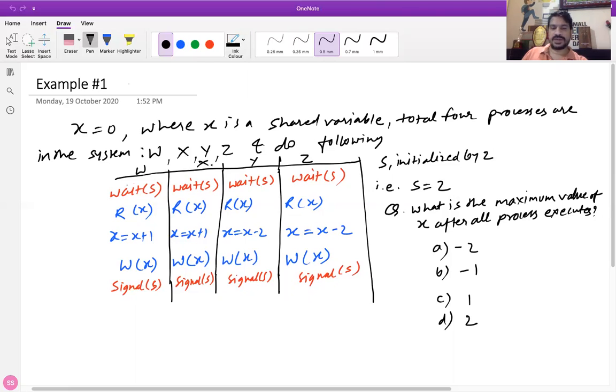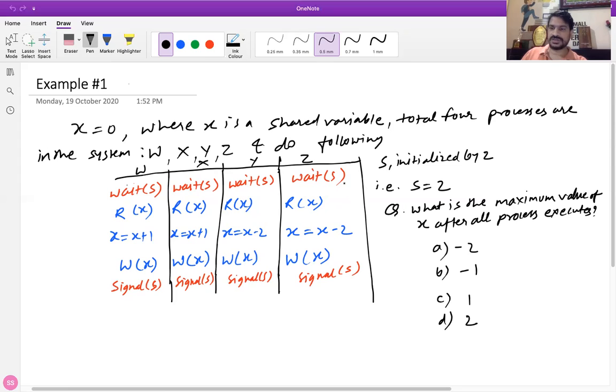What is process X doing? It is reading the value of x from the system, incrementing it by 1, and again writing the value to the system. Now what is Y doing? Y is reading the value of x from the system, decrementing the value of x by 2, and writing the updated value to the system.